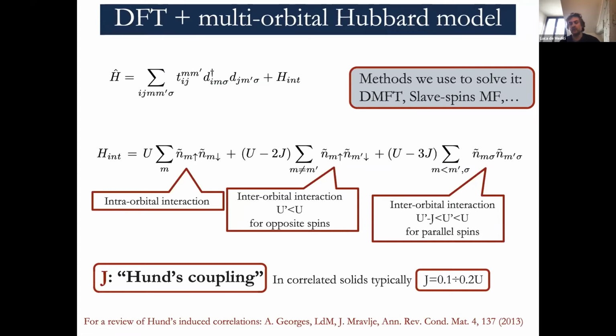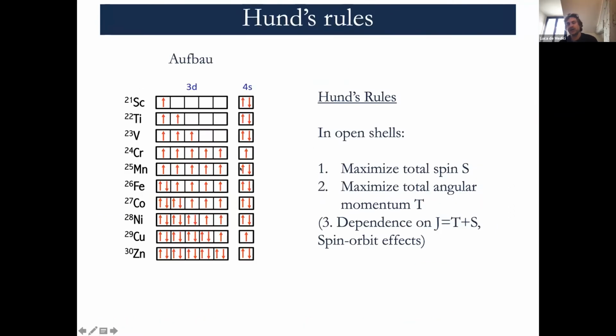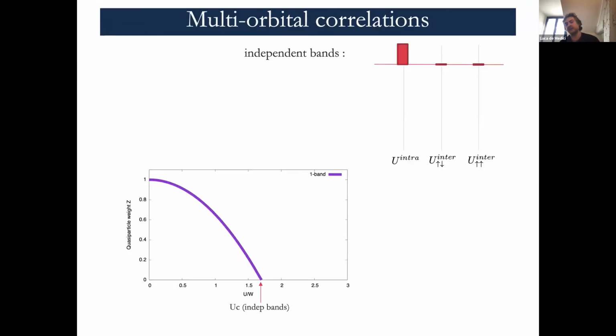That is a fraction of the local Coulomb repulsion, and is the one that gives rise to the well-known Hund's rules in isolated atoms. Now, the fact that these Hund's rules are very relevant for conduction electrons in the localized states came as a surprise in the last years.